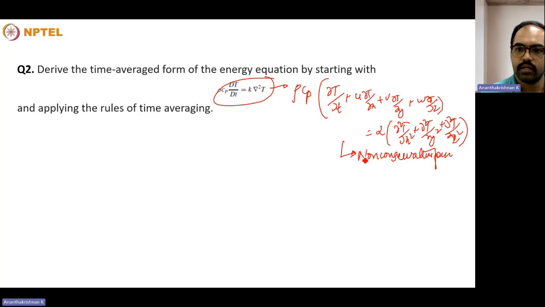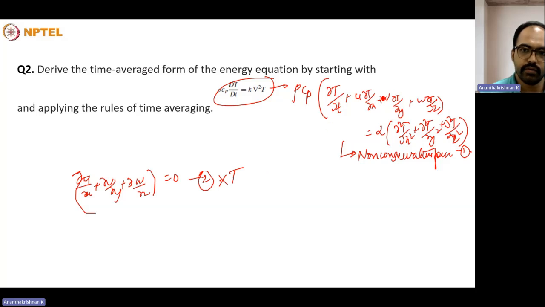So we try to change this equation into the conservative form by adding the continuity equation to it. The continuity equation says that ∂u/∂x plus ∂v/∂y plus ∂w/∂z equals 0. We can represent it by equation 2, multiply it by T, and add it to the first equation.